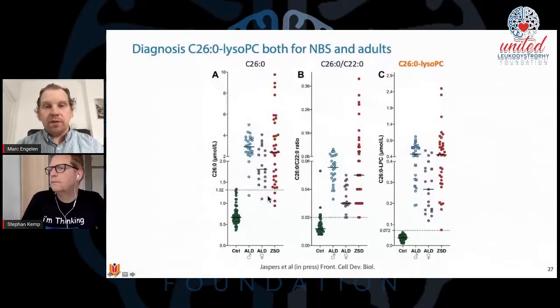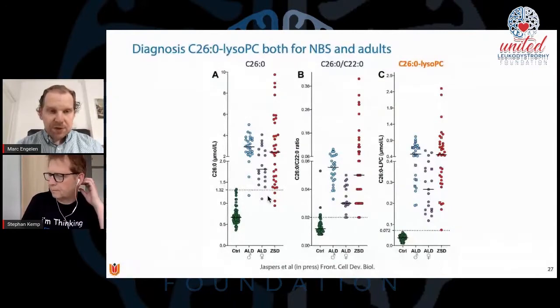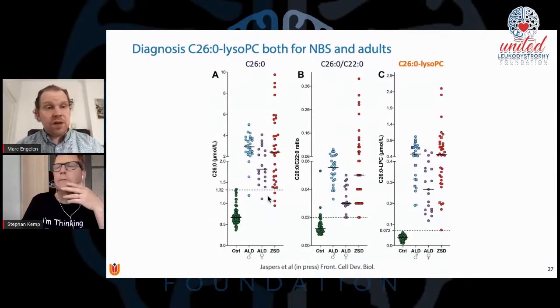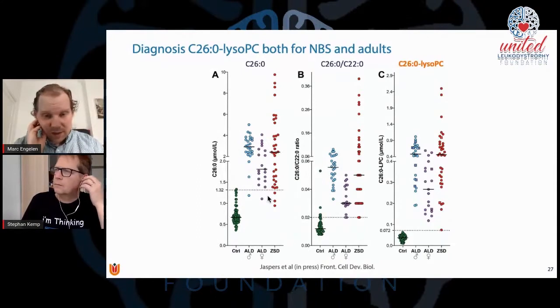But you don't know if it's a variant or a pathogenic mutation. This is something that we've struggled with the past couple of years, but recently, and you can see the paper is out now.